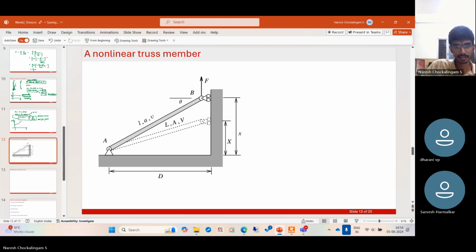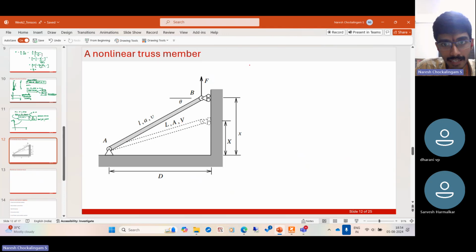Initially it is in this configuration with length capital L, area capital A, and volume capital V. You're pulling it up with a force F, and it extends to a length small l. Its area decreases because when you pull it, the area will decrease, become small a, and the volume could also change depending on how it is. Initially the height is capital X, and as you pull it up, the height becomes small x. So let us solve this problem.